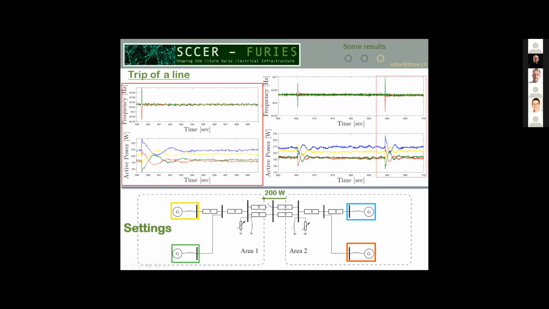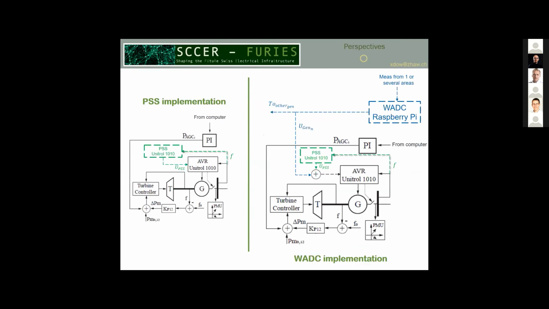Of course, we have some other results. I could show you some other results, but I don't have time today. During the conclusion, I will just give you an overview of all the tests that we can do. Just to give you some perspective, as I told you in the introduction, what is very interesting for us now is that we want to test some controls that we already designed, so some PSS implementation or some wide area damping controller implementation.